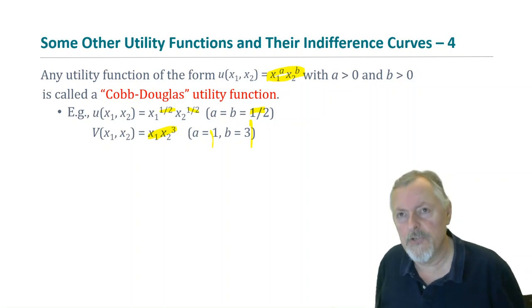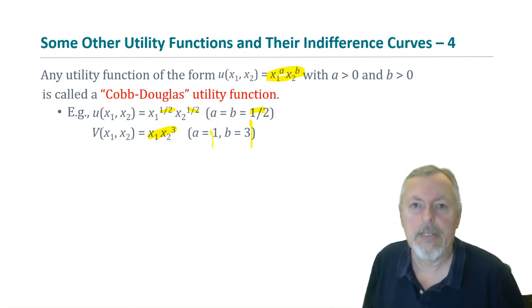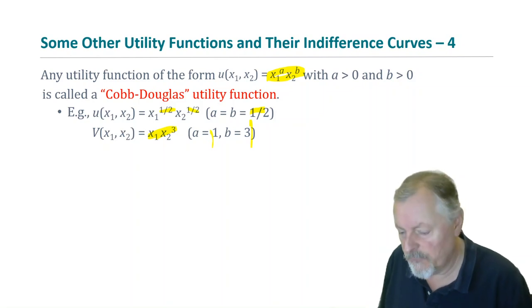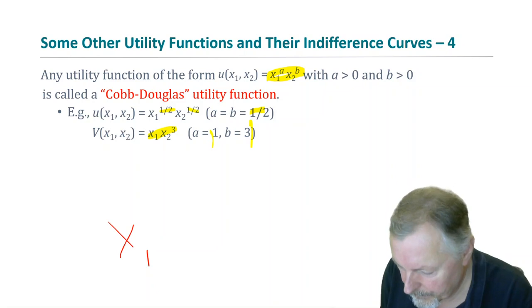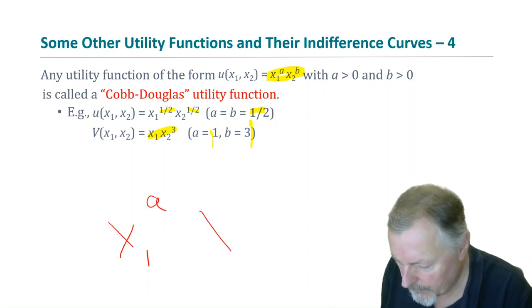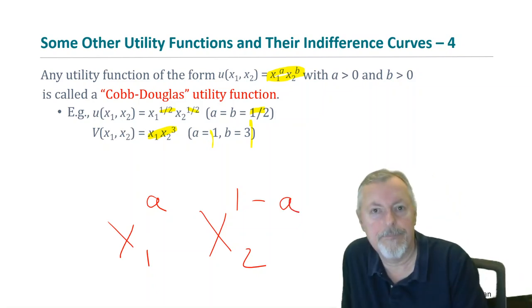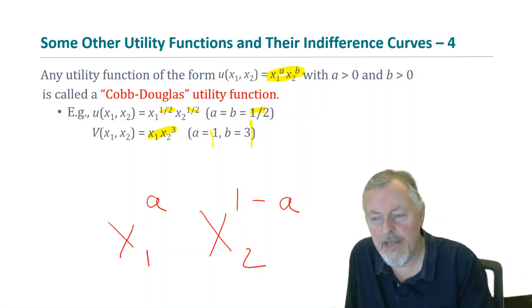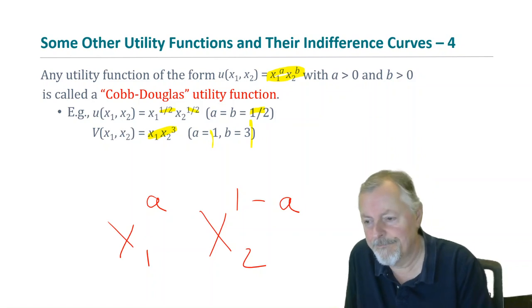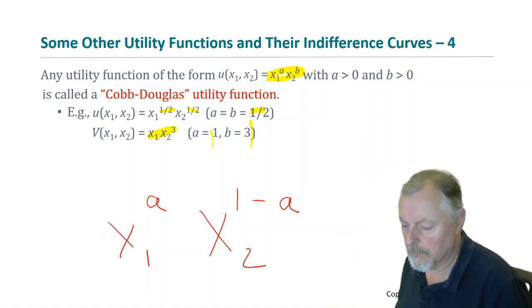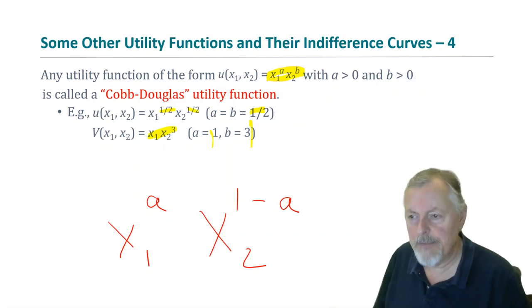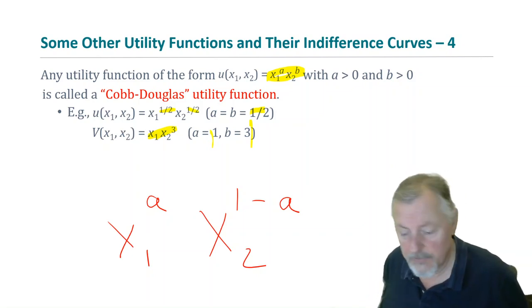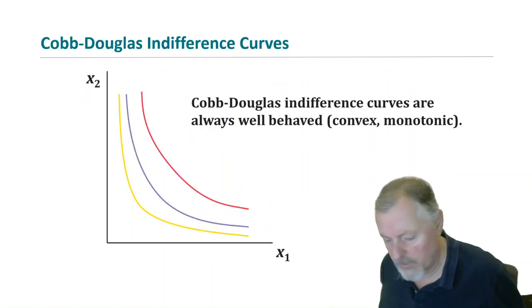Cobb-Douglas utility functions are frequently written in this form, so that the exponents add to 1. Any Cobb-Douglas utility function can be rewritten in this form representing the same preference architecture.